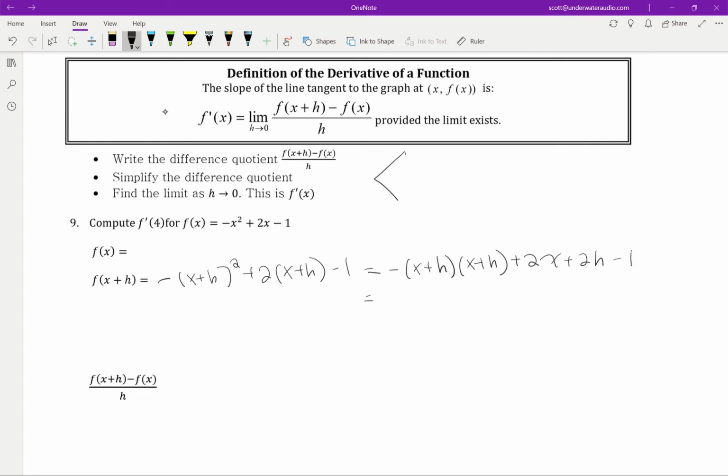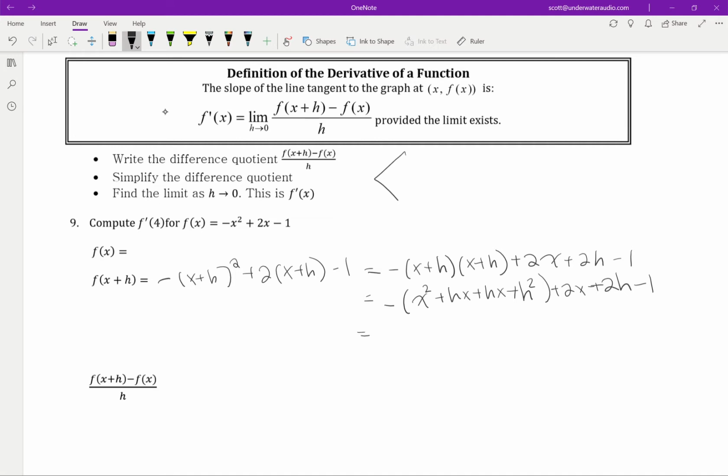Multiplying that out, that is negative x squared plus hx plus hx plus h squared plus 2x plus 2h minus 1.